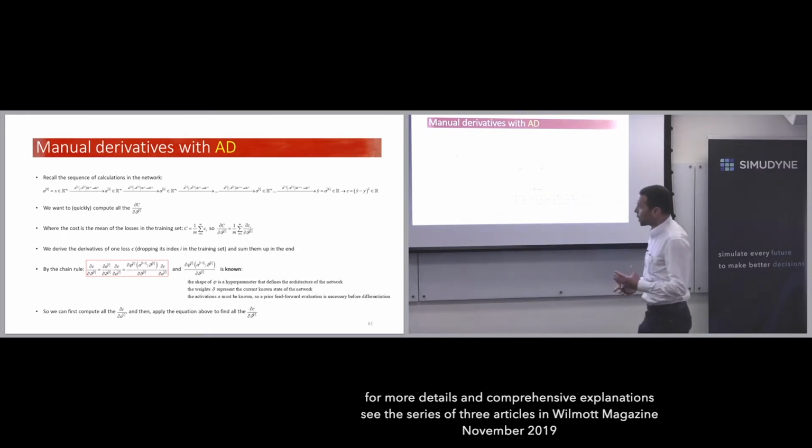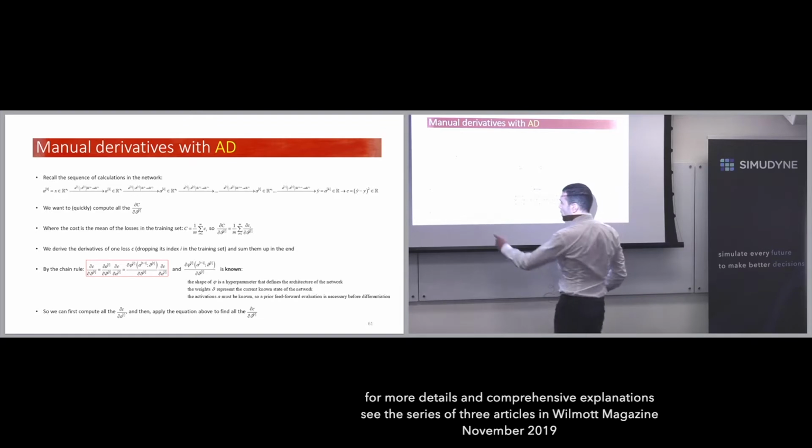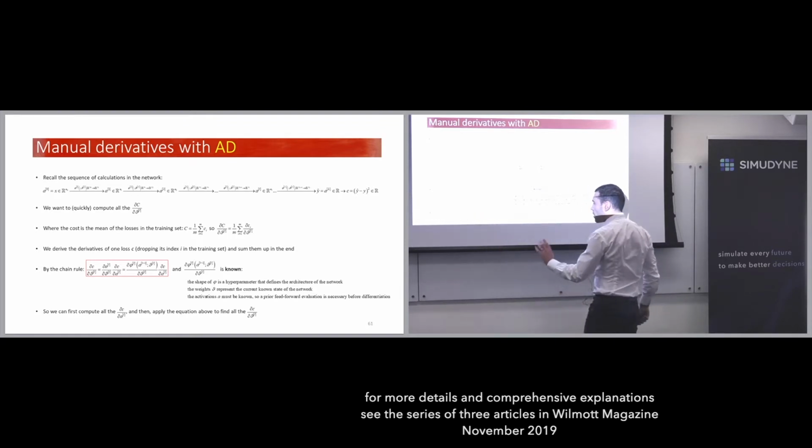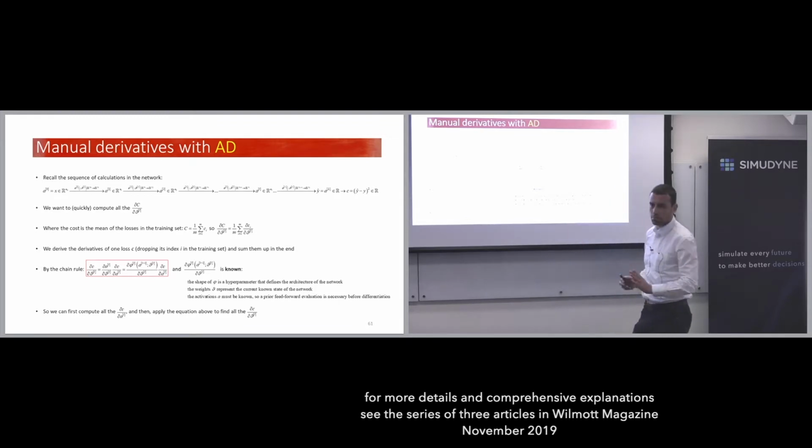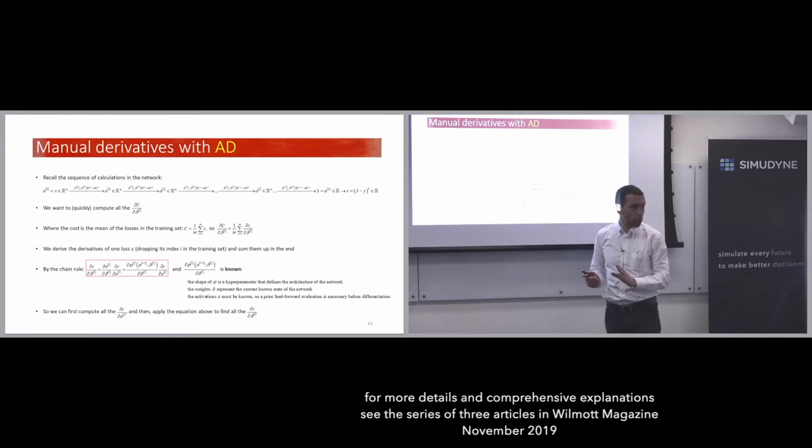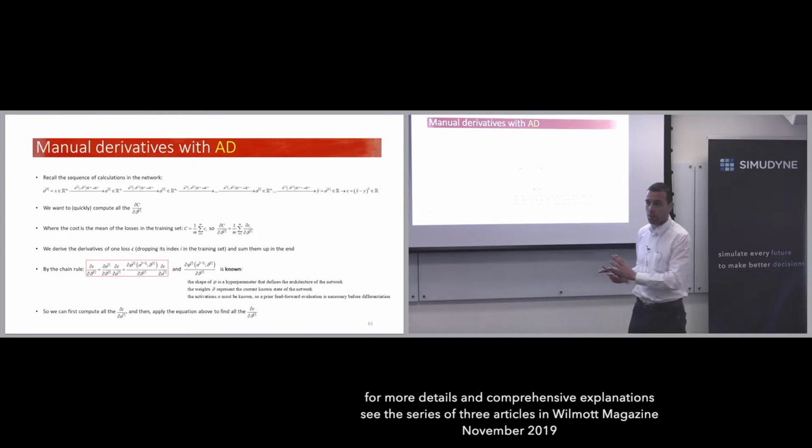So we can first compute all the dC over dAL, and then apply this equation to find all the dC over d theta. Okay, I do appreciate that if you're seeing it for the first time, it should be non-trivial.